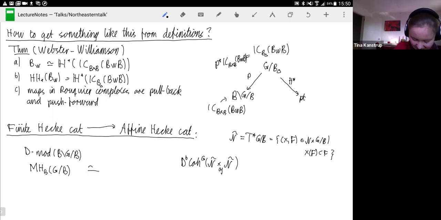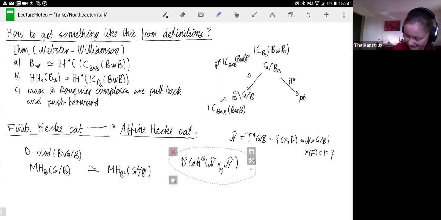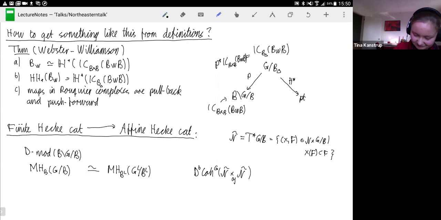And then the magic of the story is that in this case, this is equivalent to the Langlands dual version. This is a part inside the affine Hecke category in the D-module formulation, and due to a statement of Roman, this is equivalent to the corresponding affine version.